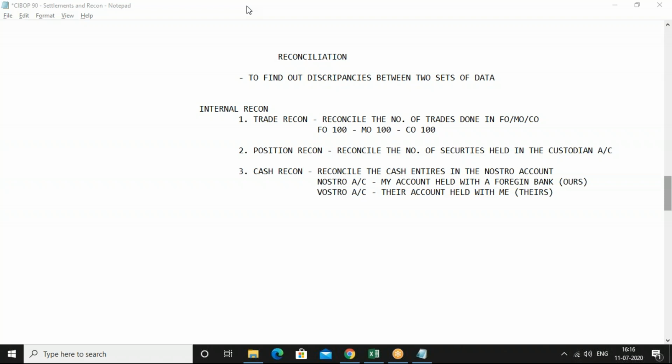You can do front office versus middle office, front office versus back office, middle office versus back office. So all these reconciliations can take place. These are your three major types of reconciliation: trade, position, and cash. Is this clear with everyone? Take a minute and write this down, and then we'll move on.